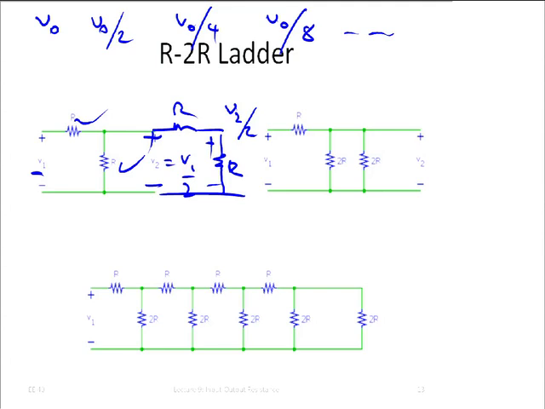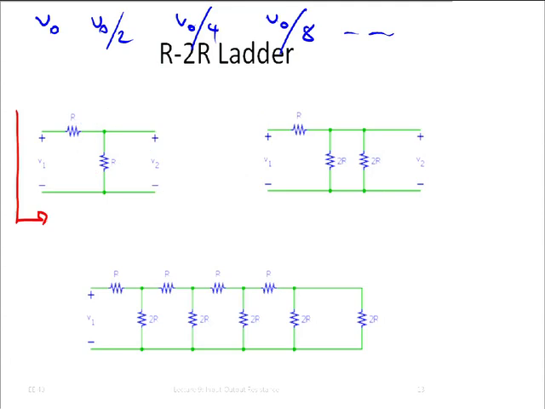Now we can actually fix this problem by understanding input and output resistance. What is the input resistance of this thing? Well, the resistance that we see there is 2 resistors in series, right?